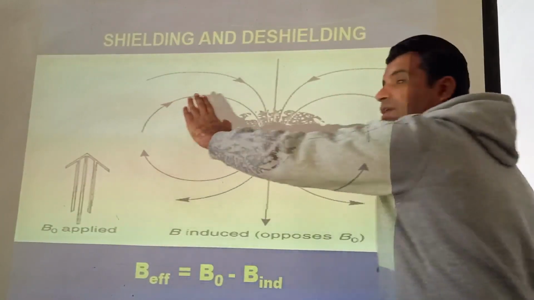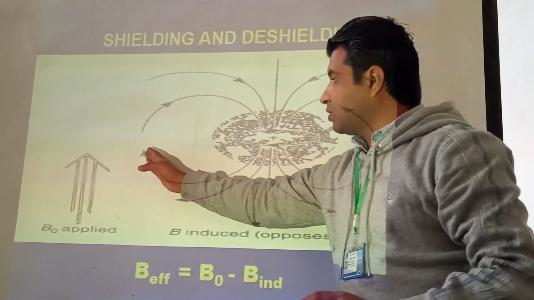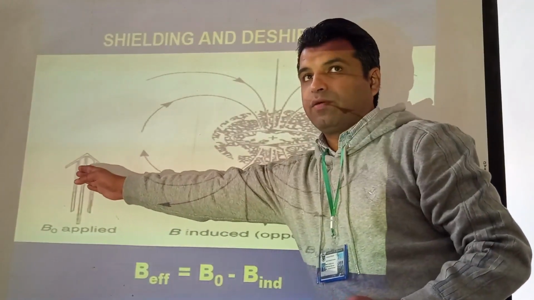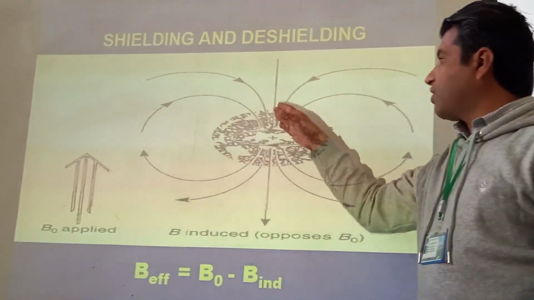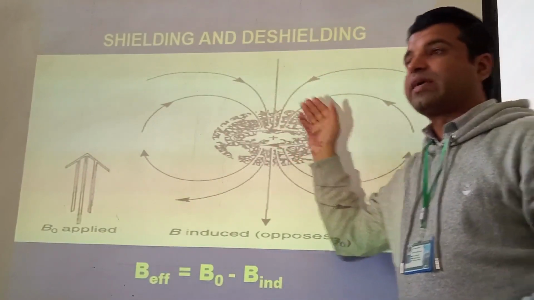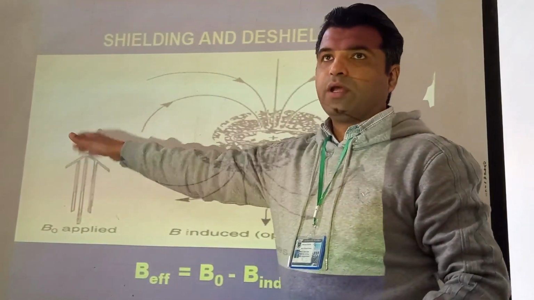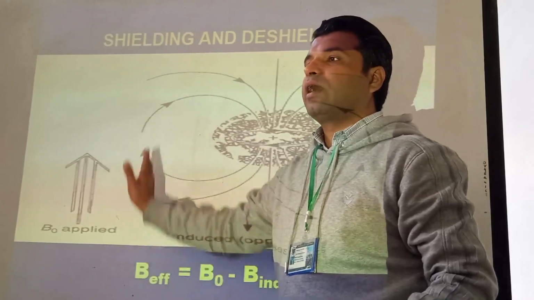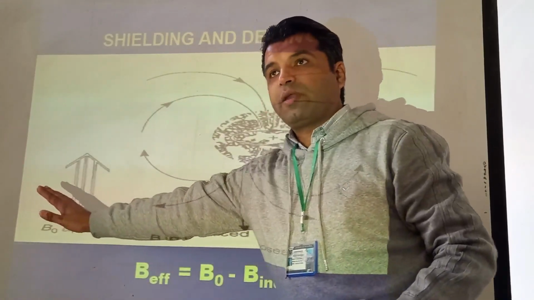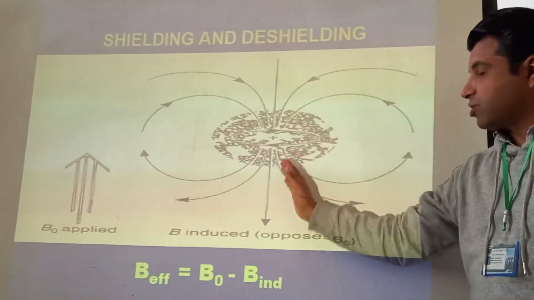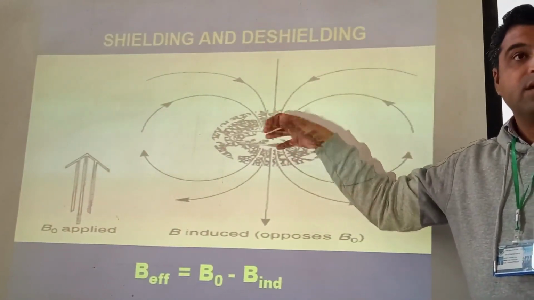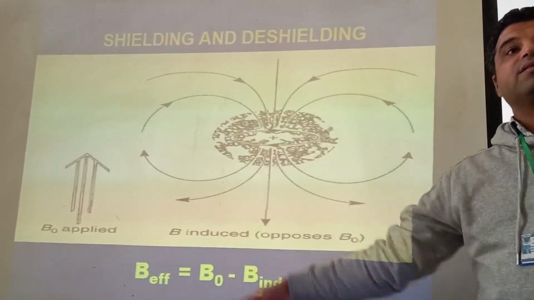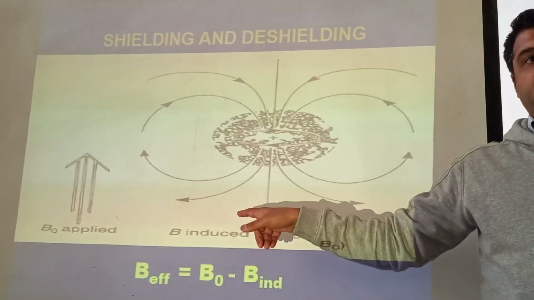So you have areas where the direction is the same as that of the applied magnetic field, and areas where the direction is against the applied magnetic field. In this area, the magnetic field is aligned along the direction of the applied magnetic field, but in this region where your nucleus lies, the magnetic field lines are opposing the applied magnetic field.